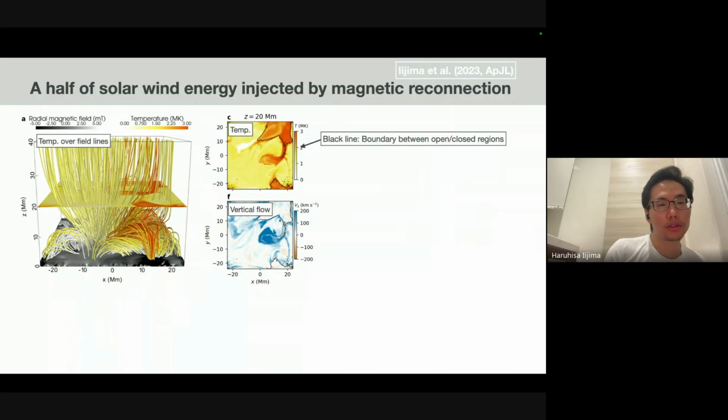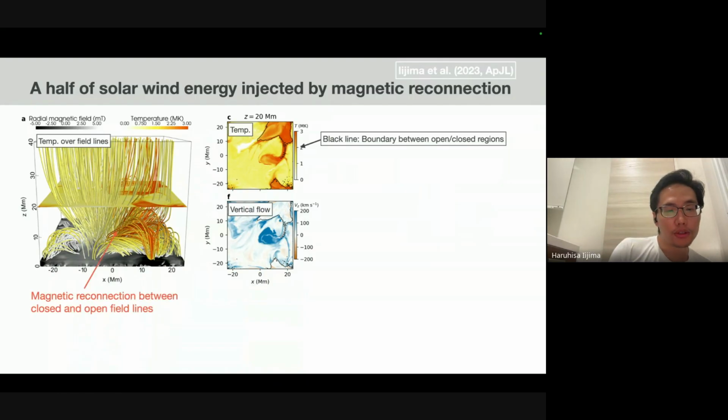The left panel shows the magnetic field lines near the surface. So there are open field lines, which are connected to space, and also lower lying closed field lines. And the right two panels show the temperature and vertical flows. The black line shows the boundary between the open and closed regions.